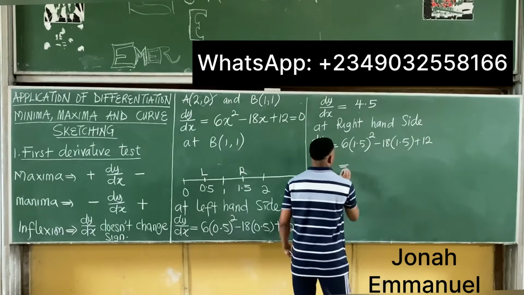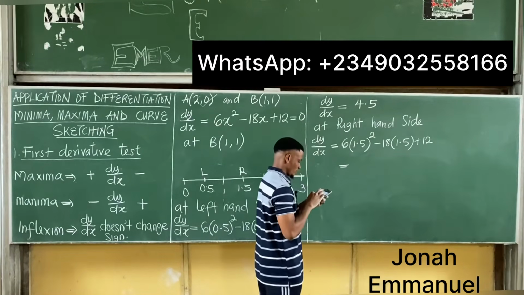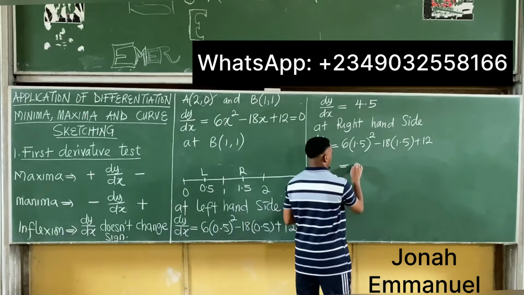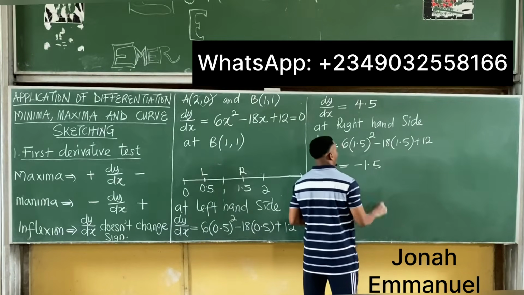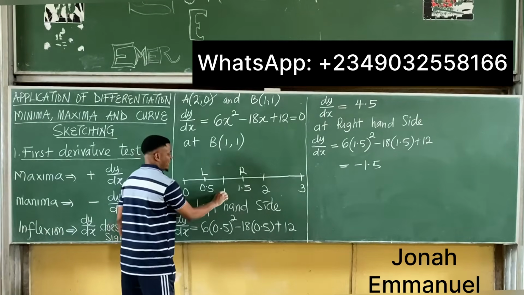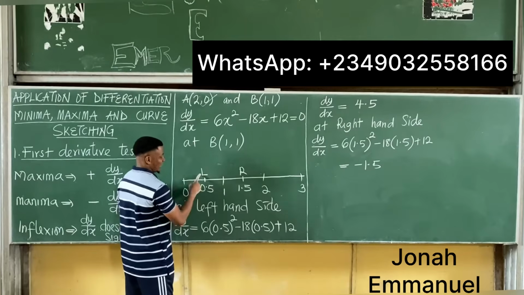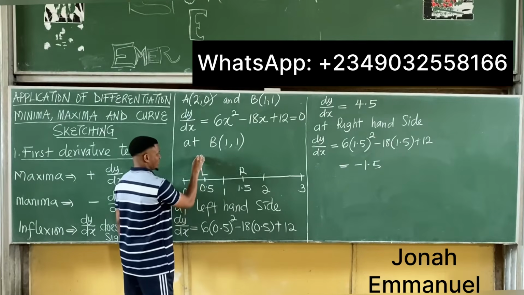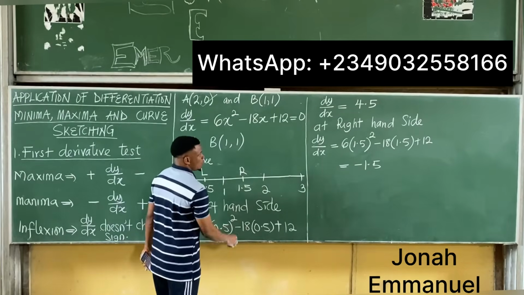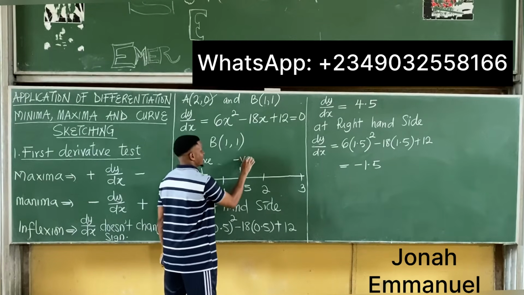If I solve this, that gives me minus 1.5 as my answer. So what do you observe? At the point 1, 1, the left-hand side is positive, you can see positive 4.5, while the right-hand side is negative.